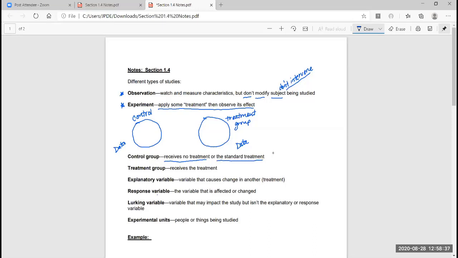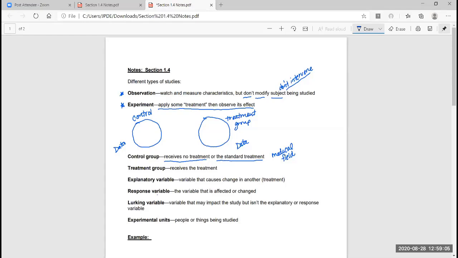And in the medical field, one of the things that we don't want to do is, there's the saying, do no harm. If you want to check new treatments, you don't want to withhold treatment from someone. So the control group would get the standard treatment, and the treatment group would get the new treatment.